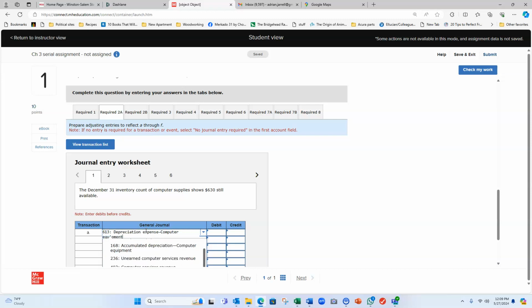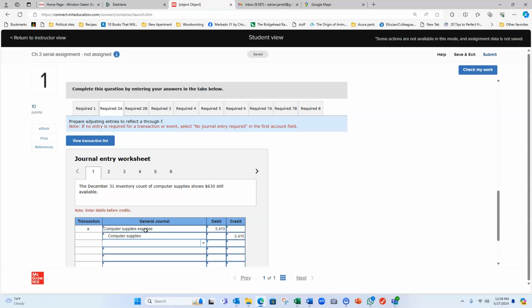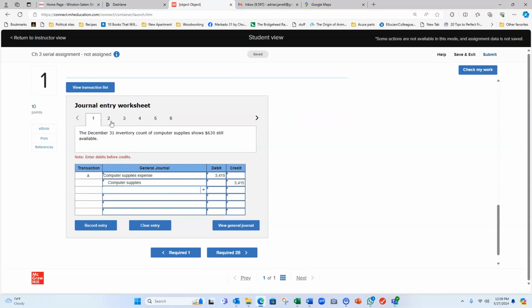Let's try again. Computer supplies expense, $3,415. We're going to credit computer supplies, $3,415. That's going to be my adjusting entry.